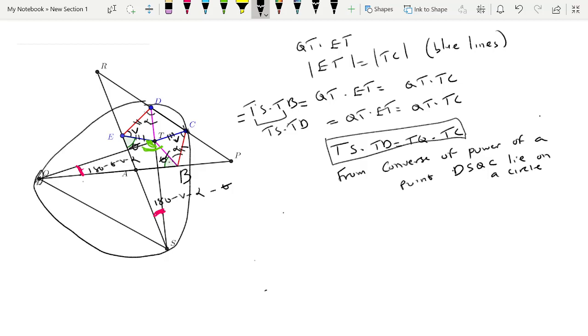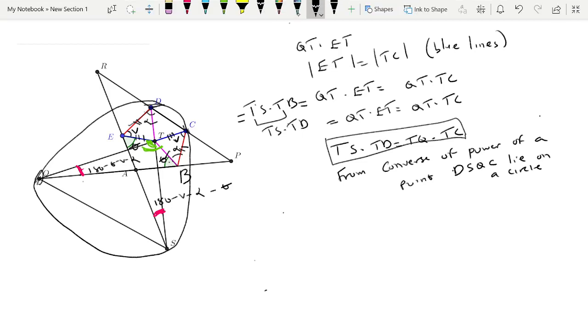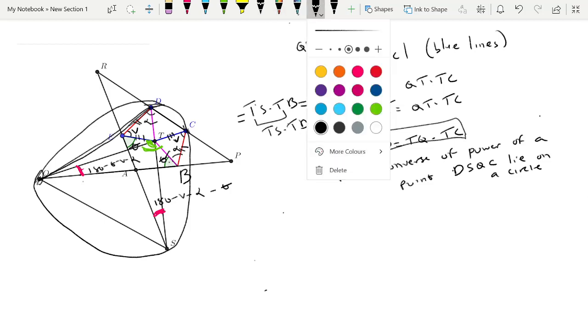So we have that DSQC lies on a circle. This is good because then let's join Q to D. Sorry about the lines there.